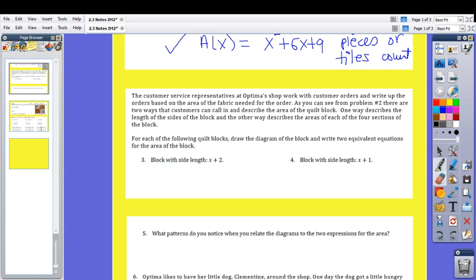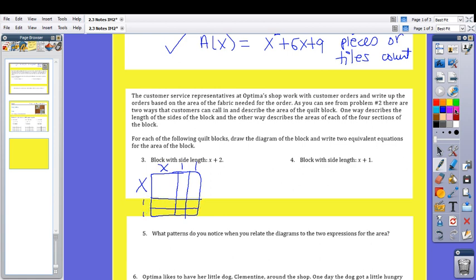So if she gets the request of one side x plus 2, then we will have x. She again will make the pattern because there are two of them, so you will have 1 and 1. And here also we will have the same because these are square quilts. So you will have 1 here and 1 here.